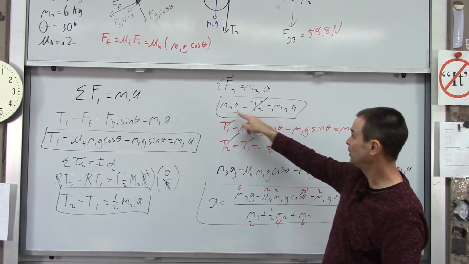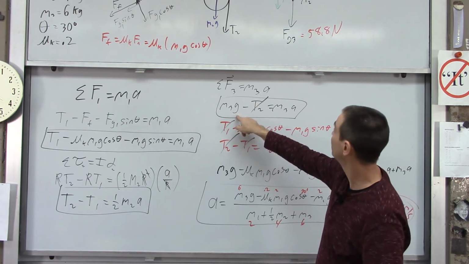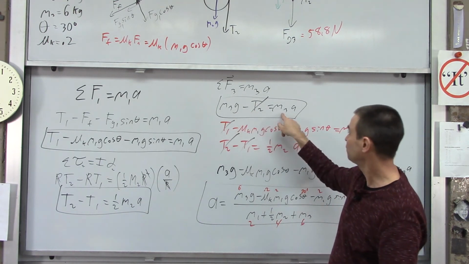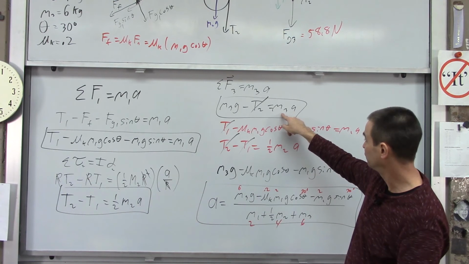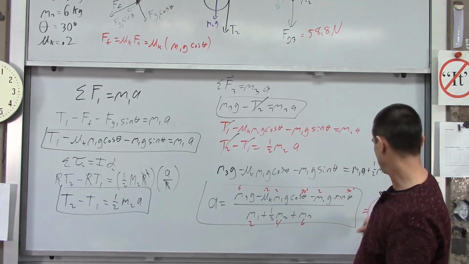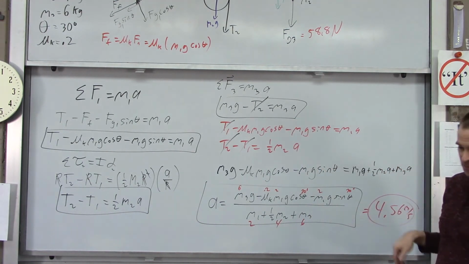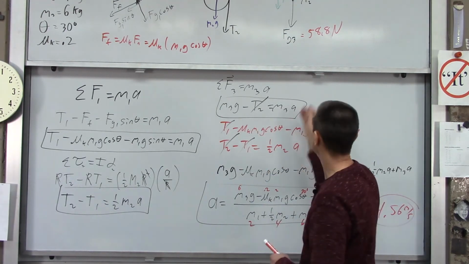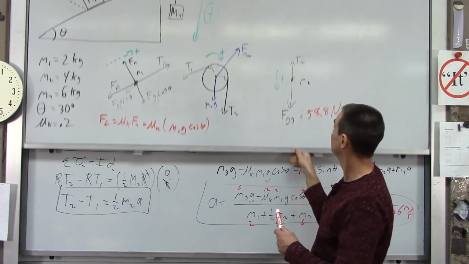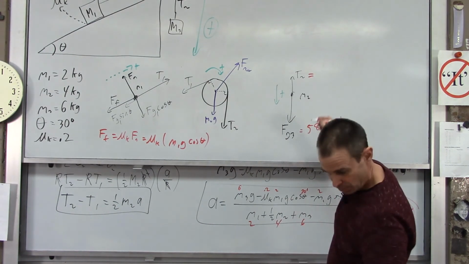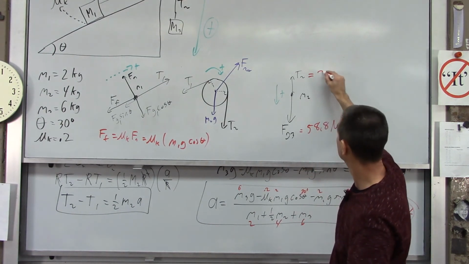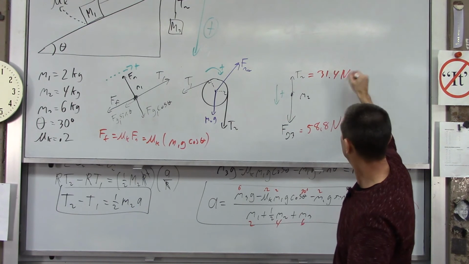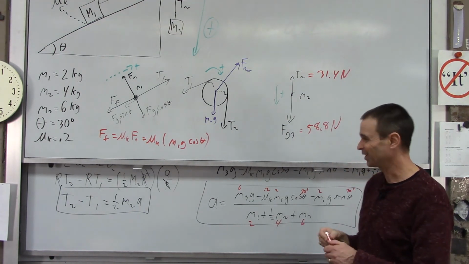You got T2 equals M3G, which is your 58.8, minus M3A, which is 6 times your 4.56. If you do all that, I got a value for T2, and I'll put it in the FBD. I got a value of T2 to be 31.4 newtons, which is definitely less than 58.8, okay?